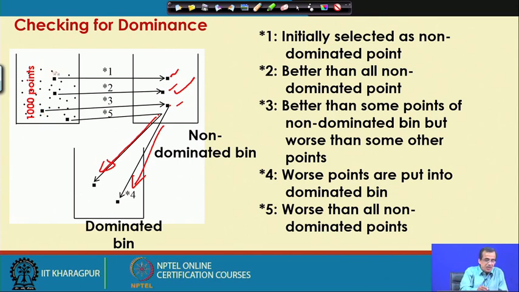Now, these 1000 points will be distributed into two bins, that is the rank 1 bin and the rank 2 bin.